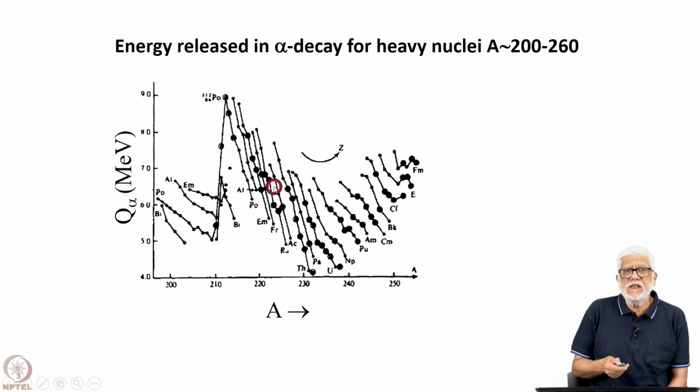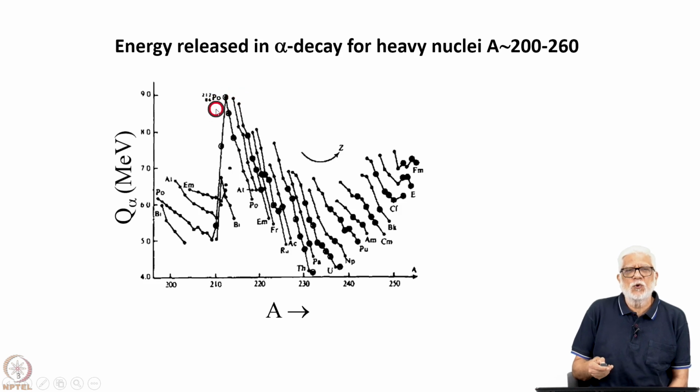The energy released in alpha decay for heavy nuclei, the so called Q alpha, is plotted here as a function of A. I have taken it from a reference and I'll give that later in the PPTX slide. It is plotted for the heavier nuclei from 200 to about 250, and you can see that there is a peak at about polonium 212, because it emits an alpha and goes to lead 208, which is a doubly closed shell.